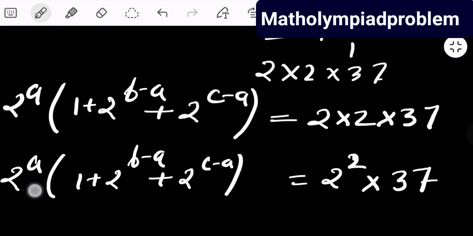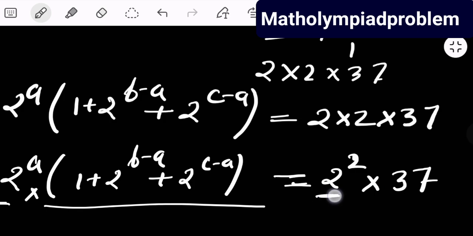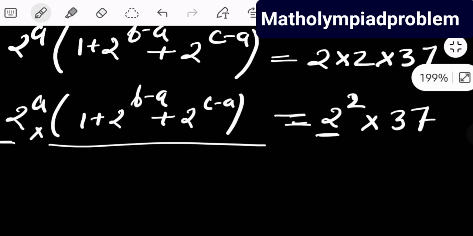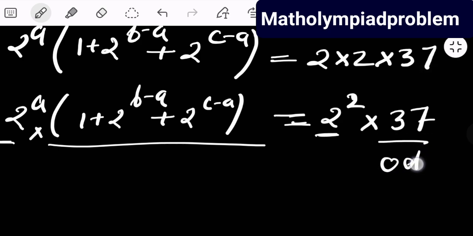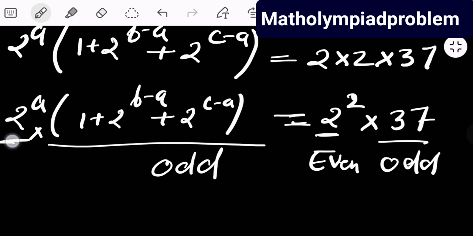Now if you see this number, it is the multiple of 2 raised to a and the multiple of the whole 1 plus 2 raised to b minus a plus 2 raised to c minus a. 2 raised to 2 multiply 37 means this value is even, and this value is odd. So even, odd. Here this must be odd.